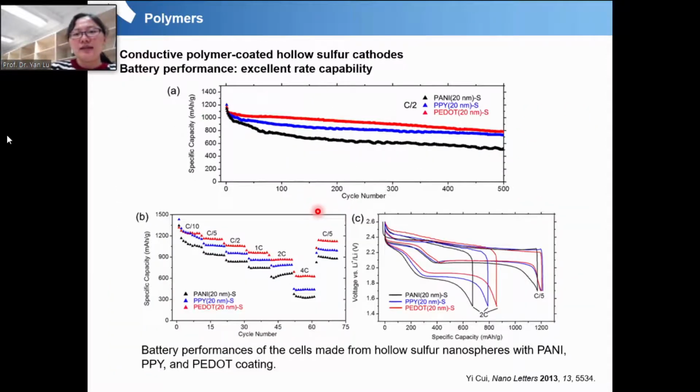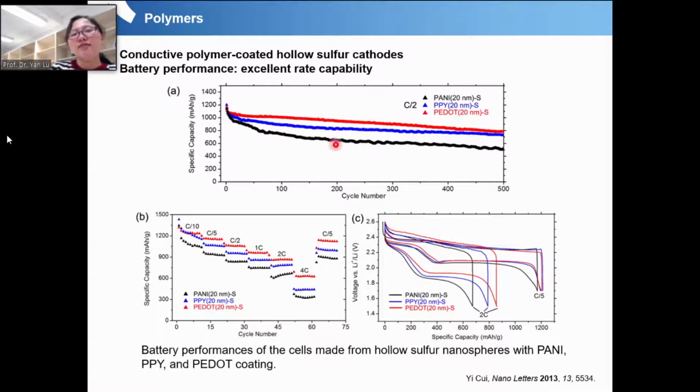Then they analyze the electrochemical performance. Depending on, of course, what kind of polymer they use, they found that for the PEDOT, the red curve here, the PEDOT system shows the best chemical confinement with the polysulfide.